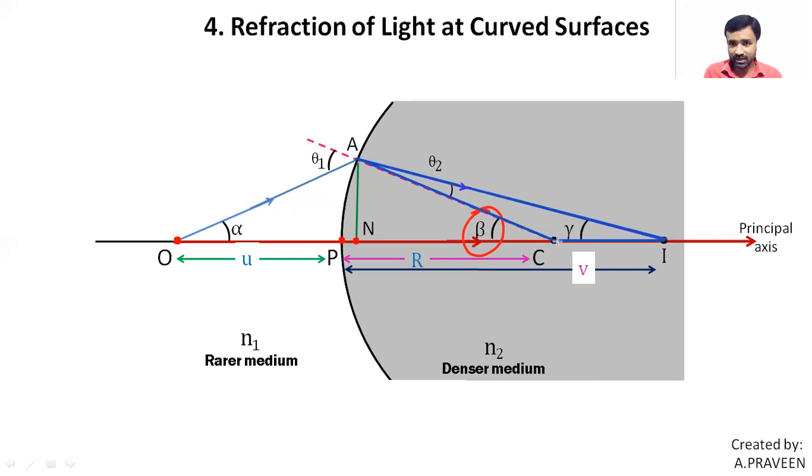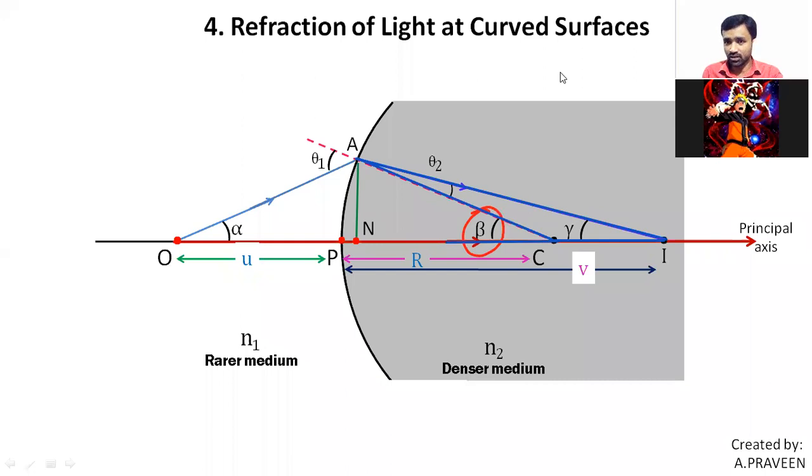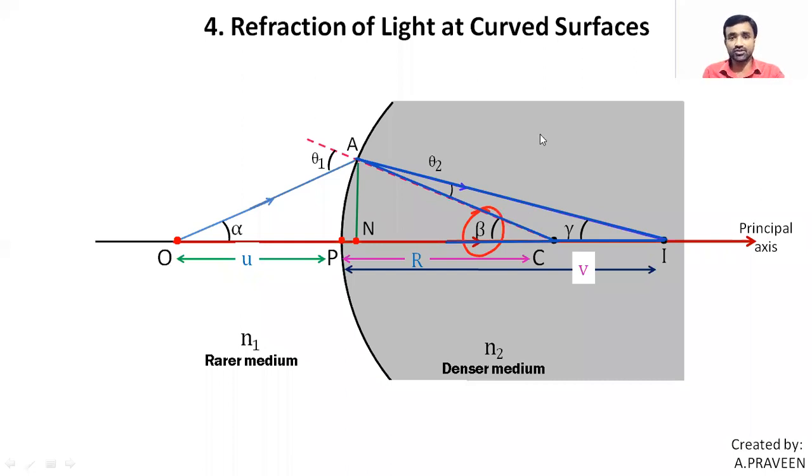If I extend IC or CI like this, the angle made with the extended side and the side AC is the exterior angle. Is it clear how to find out the angles? Right. So I got exterior angles in this case.